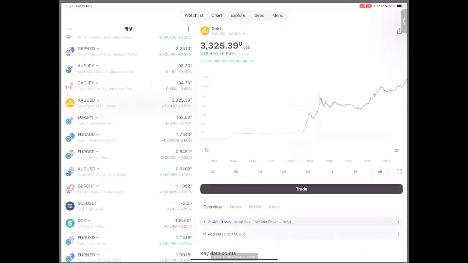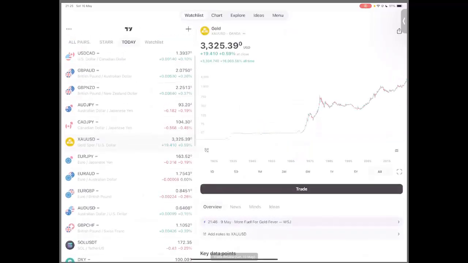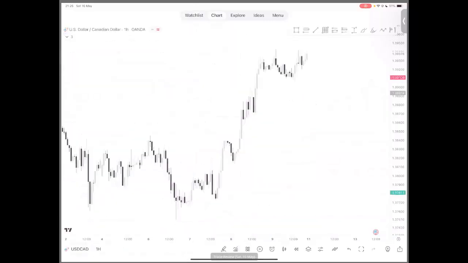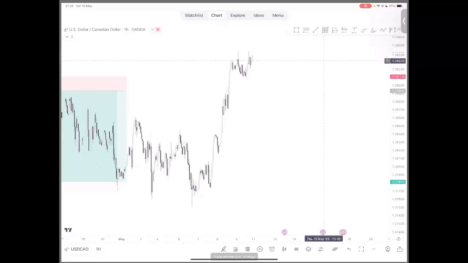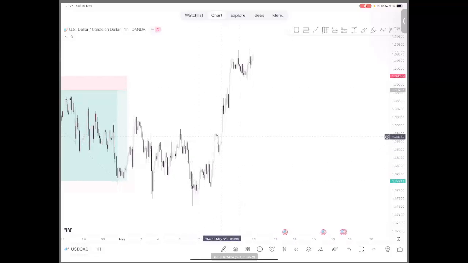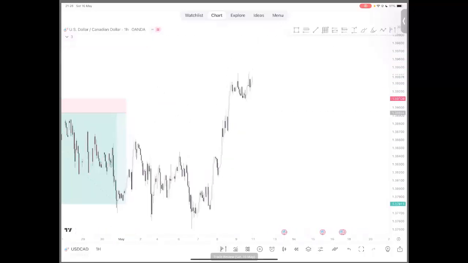Like if you notice when DXY was pumping, pairs that have USD as base currency like USD CAD would be pumping as well. You can see Friday's price action in USD CAD. You can notice that from this level, this is the pump move on USD CAD. Why?